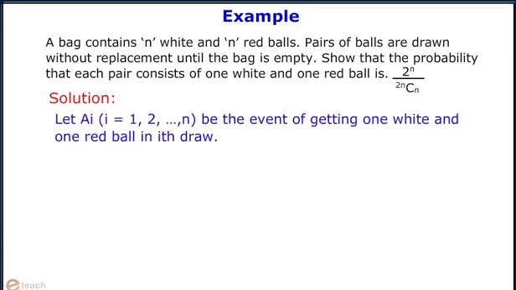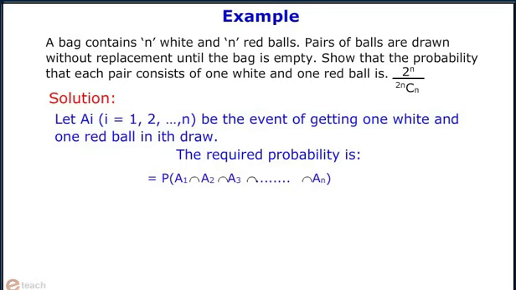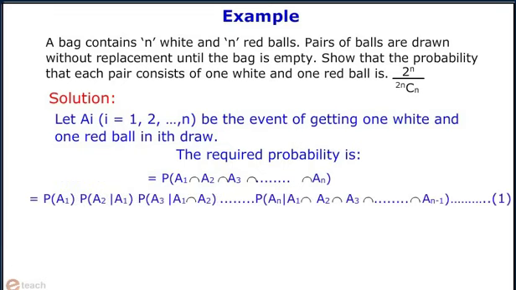Solution: let Ai be the event of getting one white and one red ball in the ith draw, where i can take the values from 1 up to n. The required probability is probability of A1 intersection A2 intersection A3 up to An, which can be written as probability of A1 times probability of A2 given A1 times probability of A3 given A1 intersection A2 up to n.